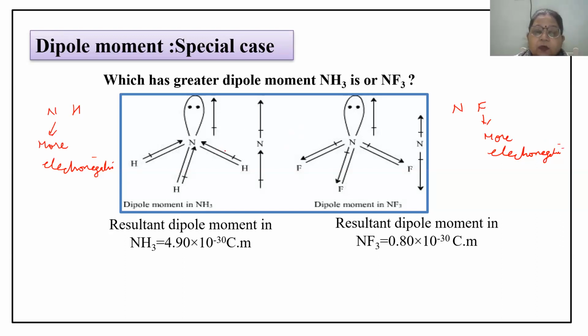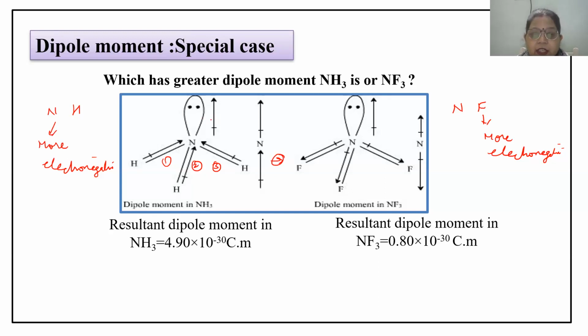So what will be the direction in case of ammonia? As we have understood that nitrogen is more electronegative, the negative end will have an arrow and the positive end will have a positive charge, right? So the net resultant of these 1, 2, and 3 will be in the same direction, that is in this direction, right?